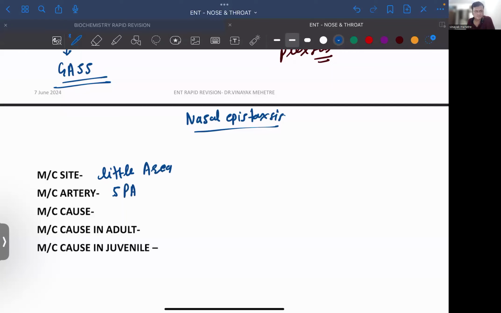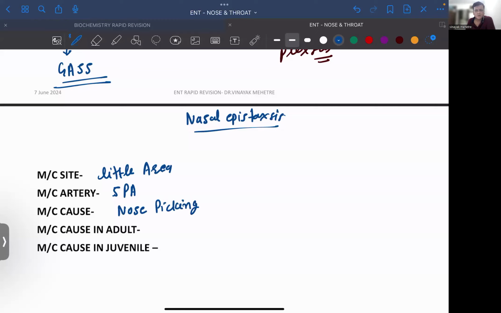Most common cause, and most common cause in children, that is nose picking. Nose picking, right? Children used to put their fingers in the nose. That is the most common cause.